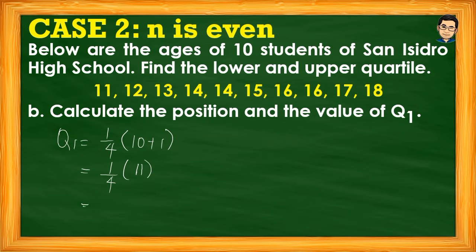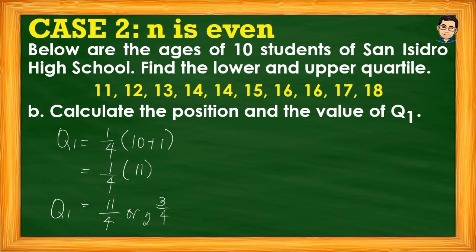So, we multiply 1 times 11, that is 11 over 4. When we divide 11 by 4, the answer has a remainder. Okay. So, 11 over 4 is equal to 2 and 3/4.